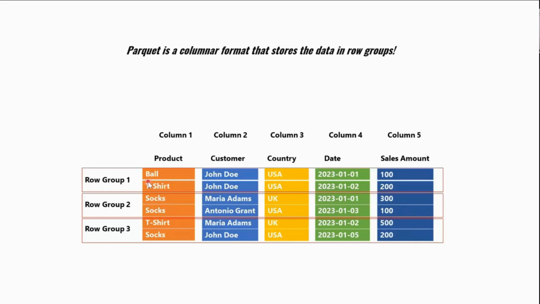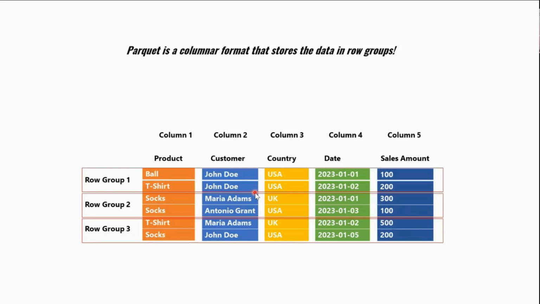And similarly would be the case if I want to filter on USA country, correct? In case of USA country, since USA is present across all three row groups, it would go across and scan everywhere. But in certain cases wherein there can be a benefit, it would skip those row groups.